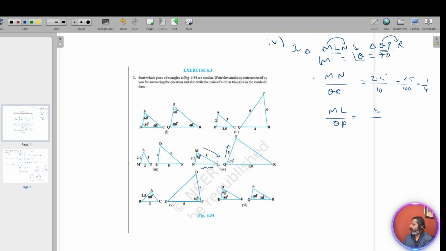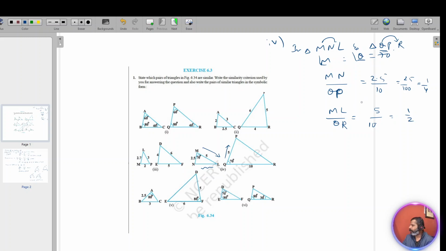I made a mistake. ML means QR. QR is how much? 10. Here MN means QP, so 5. Okay, fine. Check out. MN is 5. What is ML? ML is 5. QR is 10. That is 1 by 2.